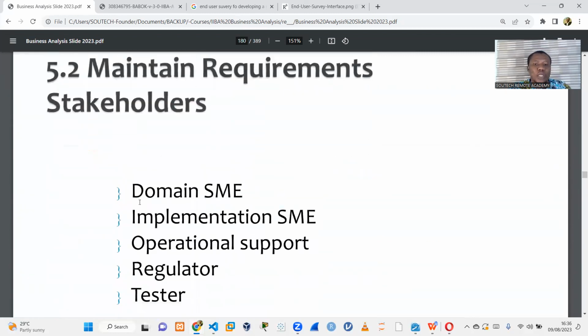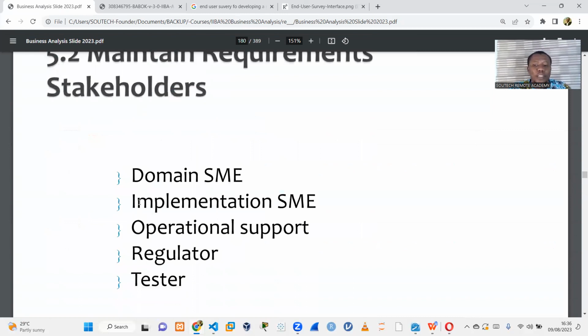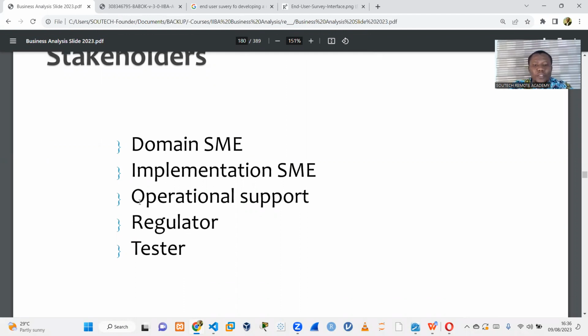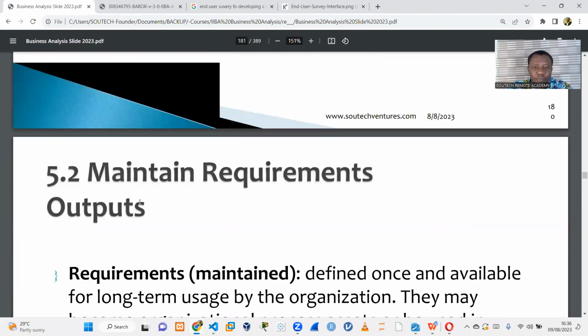Who are your stakeholders to help you maintain requirements? You have domain subject experts, implementation subject experts, operational support, and regulator. The regulator is from the legal angle. If it's for tech, if it's for fintech, finance, like banking license, regulation and all of that, then you have tester.